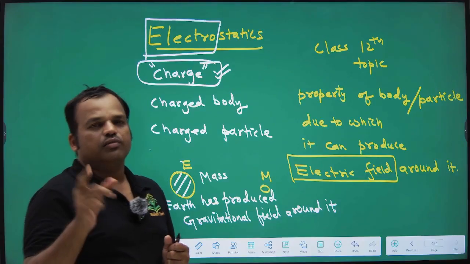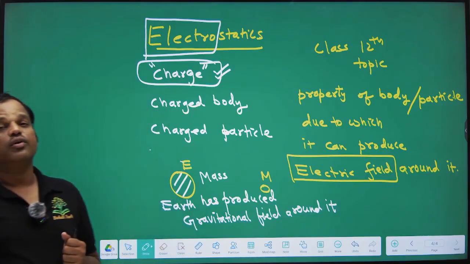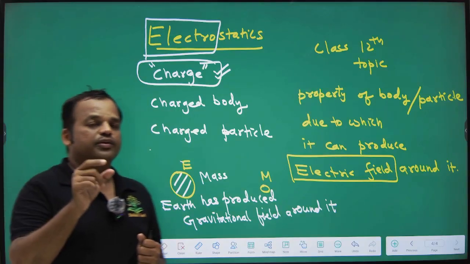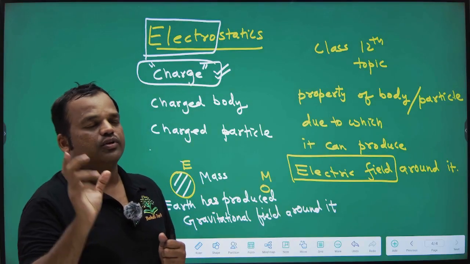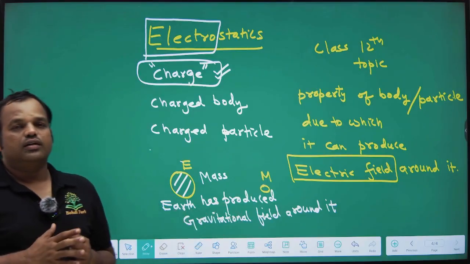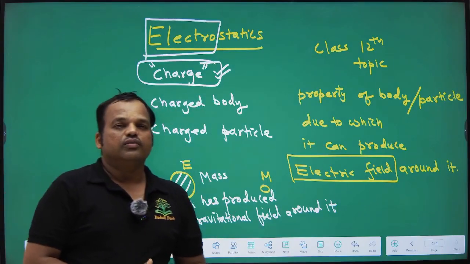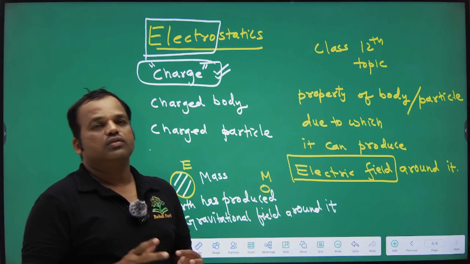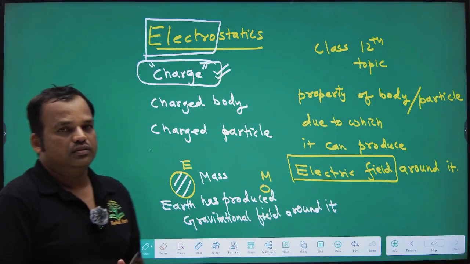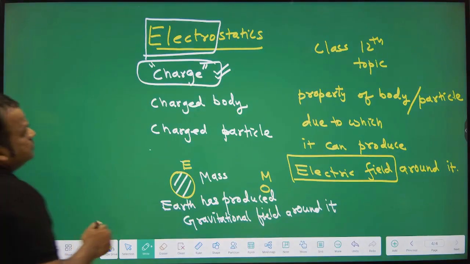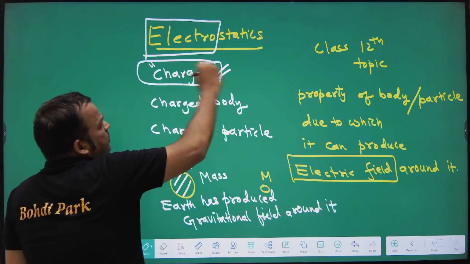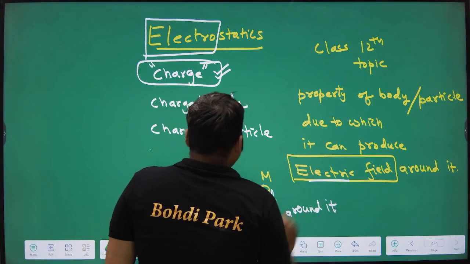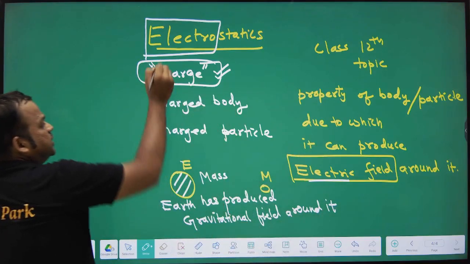For example, a water molecule is a small charged body. But if you say cloud, a whole cloud is a big charged body. So something which can produce an electric field around itself is known as charge.